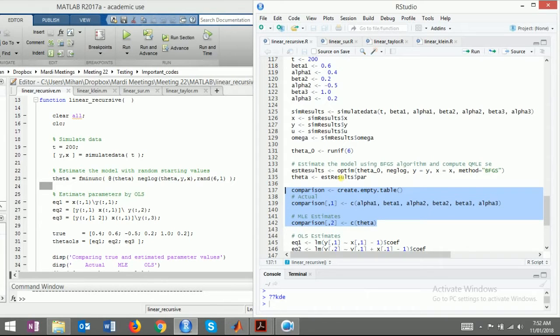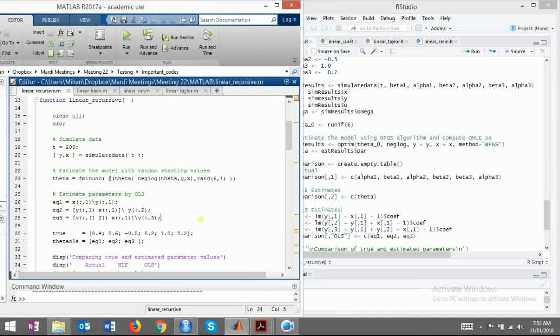OLS estimation is x and y. Equation 2 is y1 x1 divided by y2 y1 to x1 y3. Equation 3.